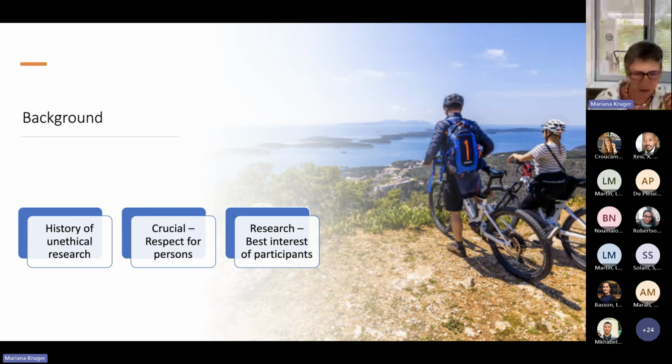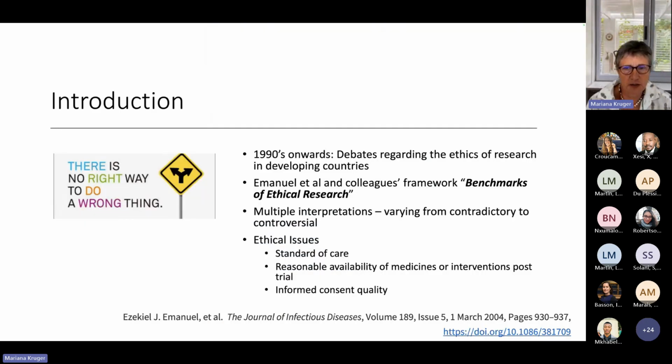And later realized that we didn't get informed consent. And this is what started me on the road into research ethics. So, as you say, from the 1990s onwards, there have been major debates developing about research being done in developing countries, because suddenly Africa was a nice continent.